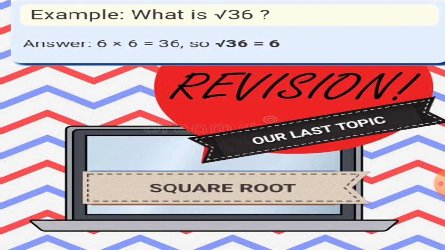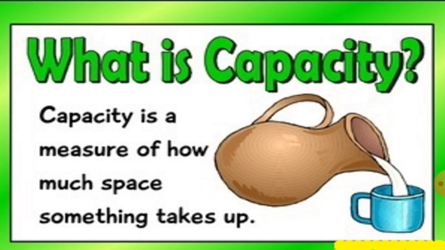What this simply means is, what can I multiply by itself to give us 36? The answer is 6 times 6, 36. That is, the square root of 36 is 6. You remember, don't you?